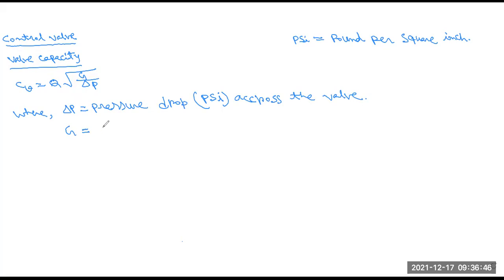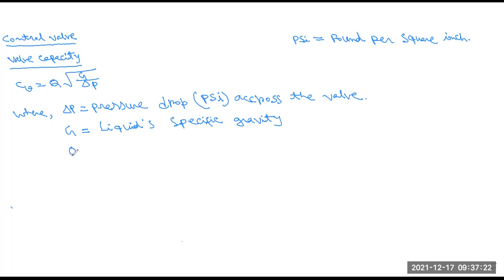G is the liquid's specific gravity. Specific gravity has a different value for different types of liquids. For water, the specific gravity value is 1.